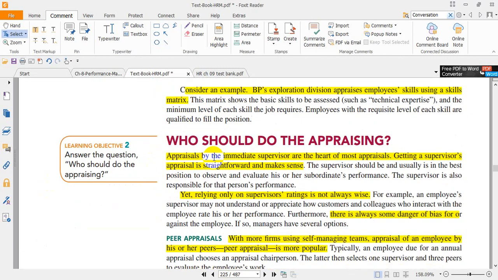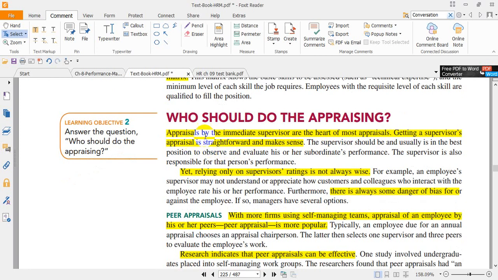Okay, now let's go into learning objective number 2. Answer the question, who should do the appraising? Appraisals by the immediate supervisor are the heart of most appraisals.